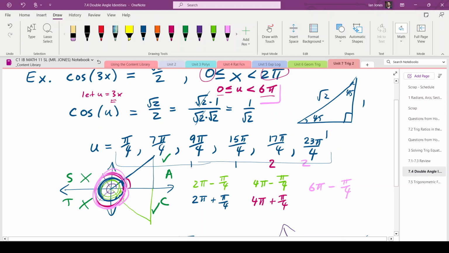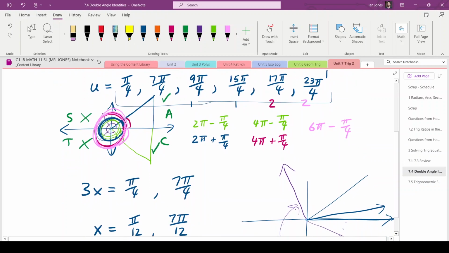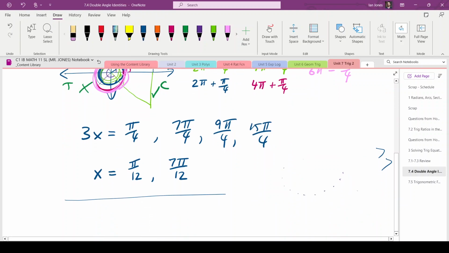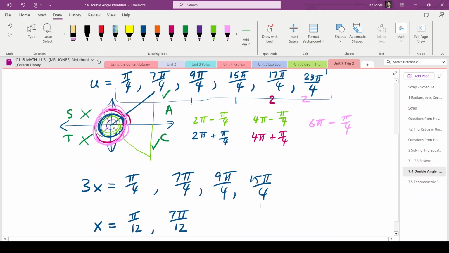And now I can substitute u is 3x. And I need to list out now all of these solutions. I'm going to get rid of this diagram here. So I have pi over 4, 7 pi over 4, 9 pi over 4, 15 pi over 4, 17 pi over 4, and 23 pi over 4.